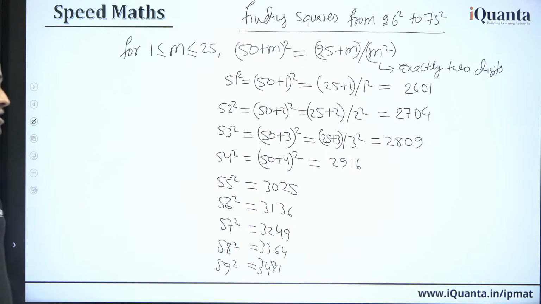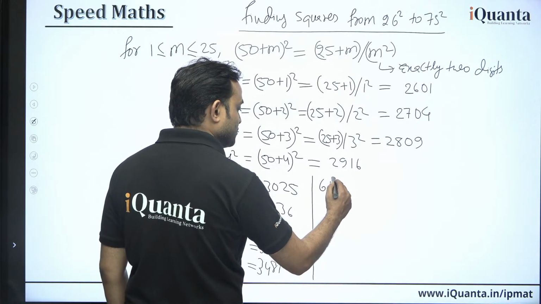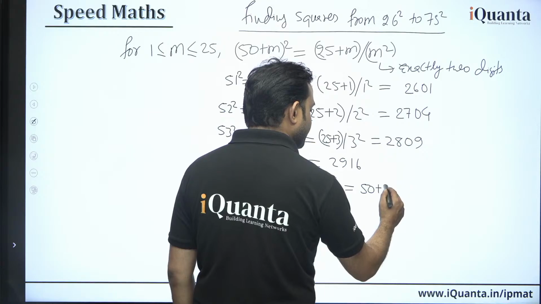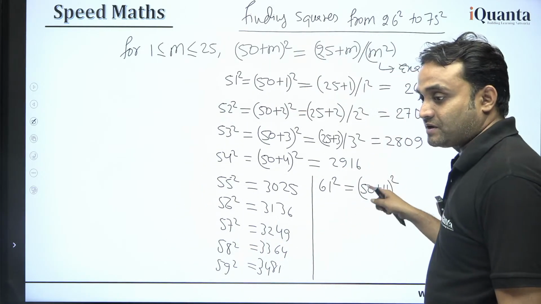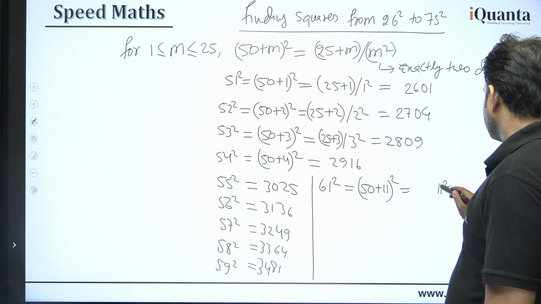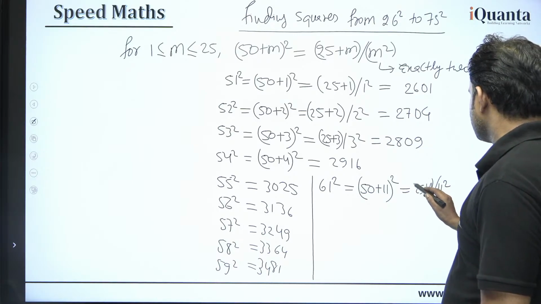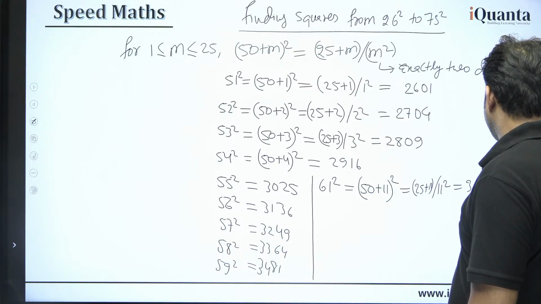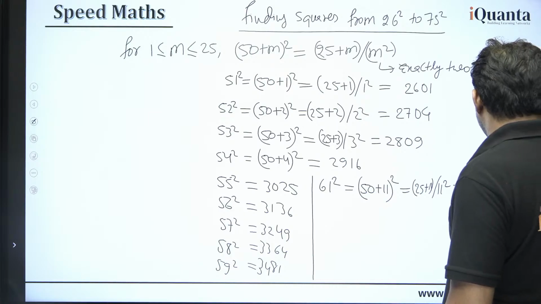Now, if we talk about the numbers after this, like how do we find 61 square? So 61 square can be written as 50 plus 11. Remember, we will take the number with respect to 50. 50 plus 11 square. So this will be 11 square and 25 plus 11. 11 square is 121. 25 plus 11 is 36. This one will go here. This will be 3721.